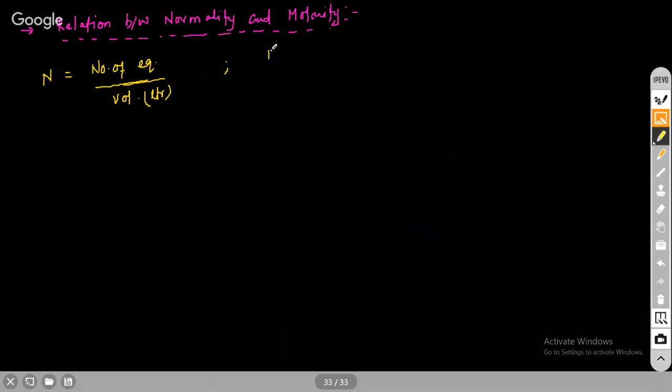And the formula for molarity is number of moles divided by volume of solution in liter.